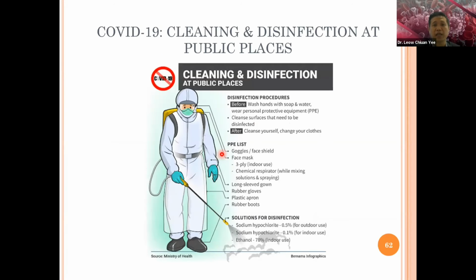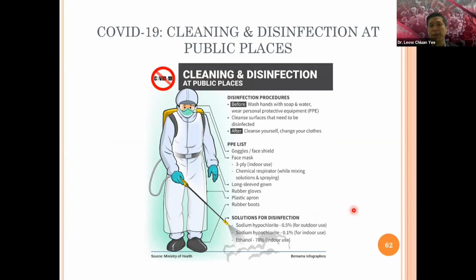Last but not least, when we practice disinfection, the first thing is, before we try to help others or save the environment, we have to make sure we ourselves are safe when we're doing our cleaning. PPE must be practiced from time to time.